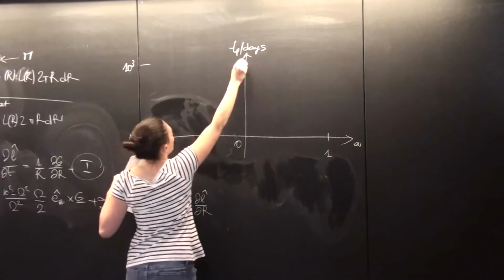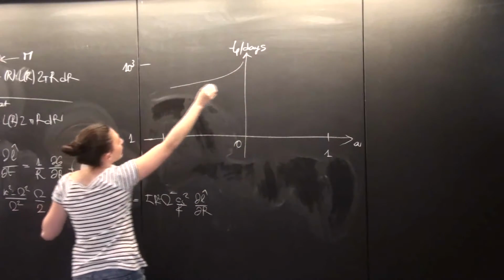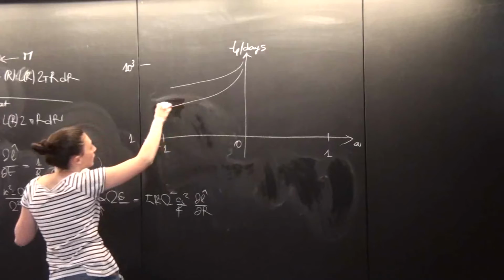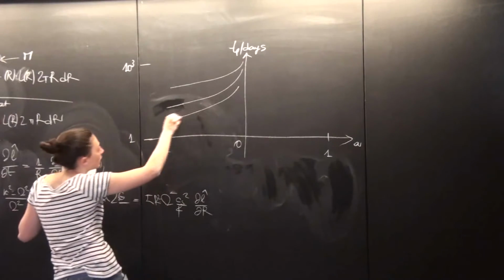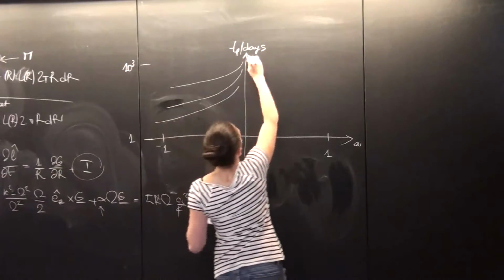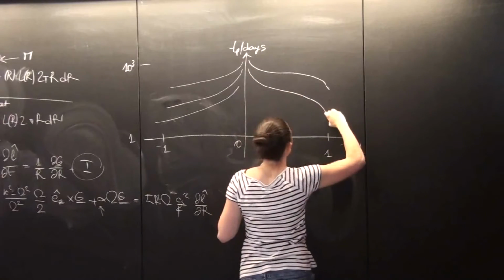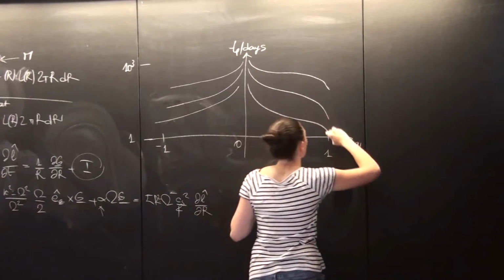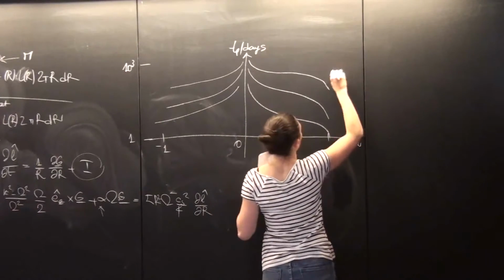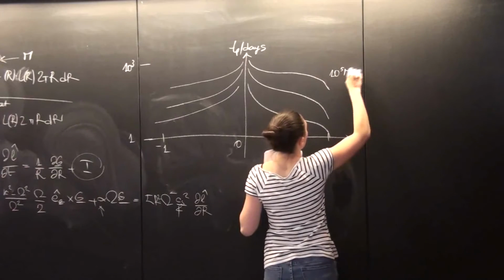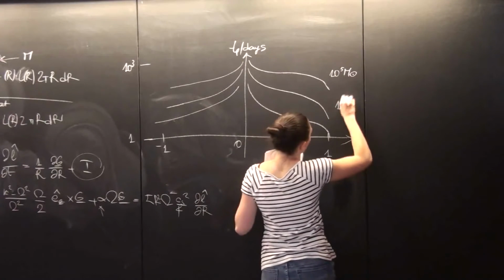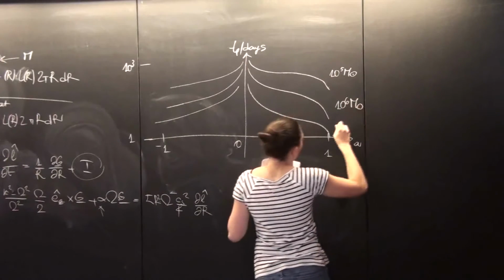For retrograde orbit, we get something that goes like this, while for prograde orbits, we have something that goes like this. This is for 10 to the 5 solar mass black hole, 10 to the 6, and 10 to the 7.